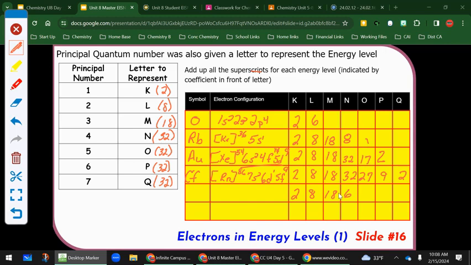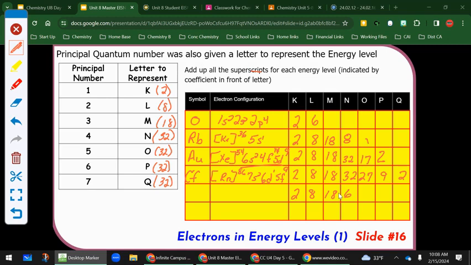Wait, are those arrows going to be on it? No. The arrows were just to help you understand how we're filling in what. That's all the arrows were for. Now that we've gotten beyond them, you don't need them. But there may be a question on a quiz sometime or on a test that says, when electrons are filling p orbitals, how do they fill p orbitals?